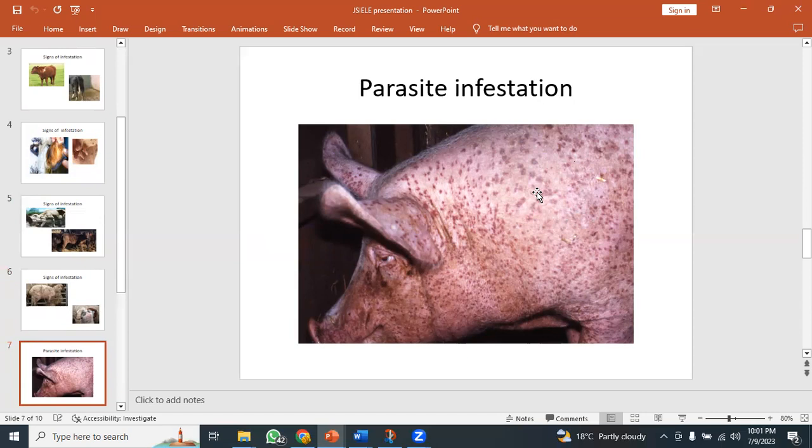You can see dots which are red in color. So we can call them multifocal reddened areas or areas of erythema. They are just accumulation of blood on the surface of the skin. So this happens when the skin of the animal, of course, is irritated due to parasites like mites.